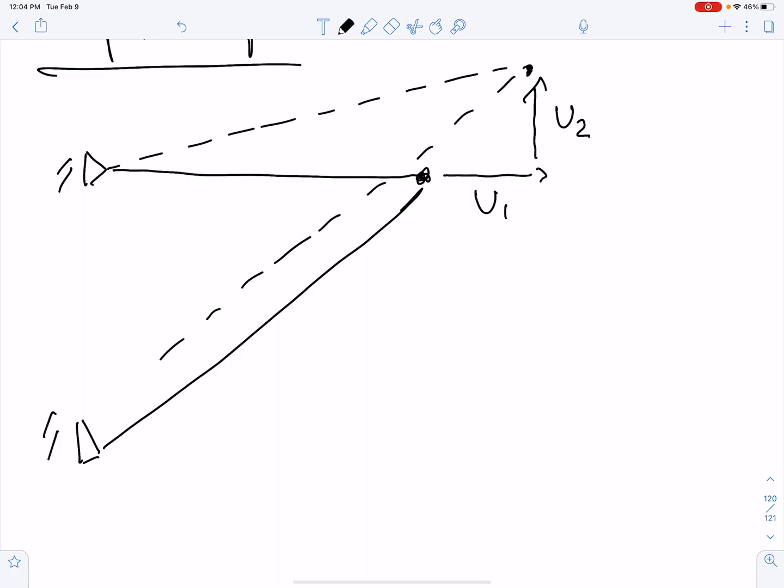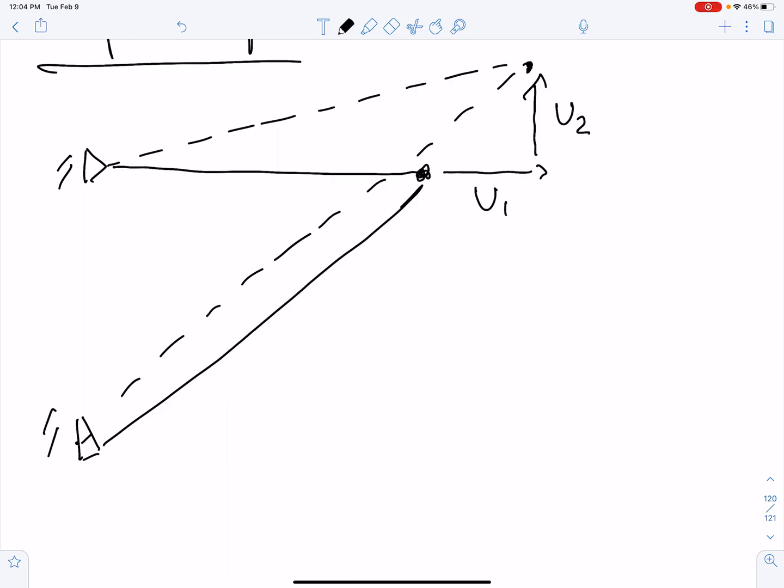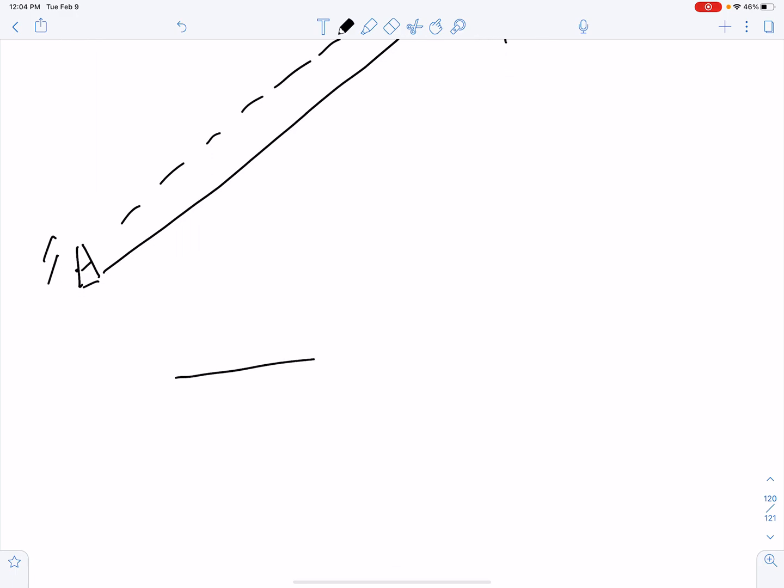a new structure like this. And then likewise, if you look at each individual element, this guy moves here, this guy moves there.